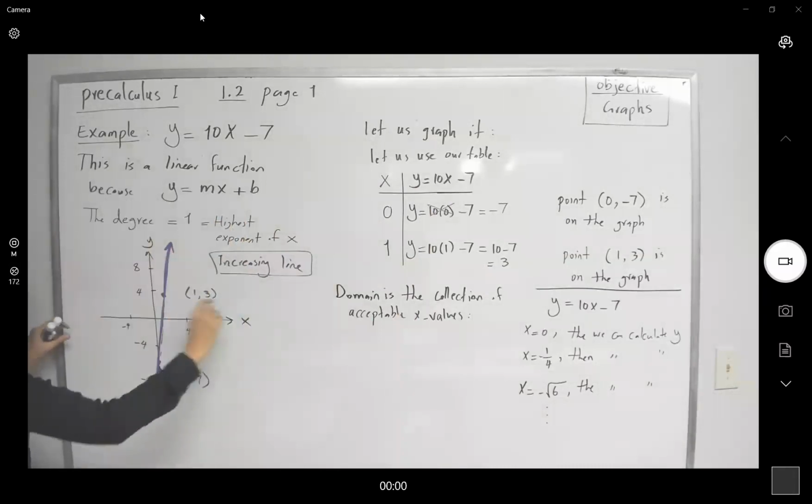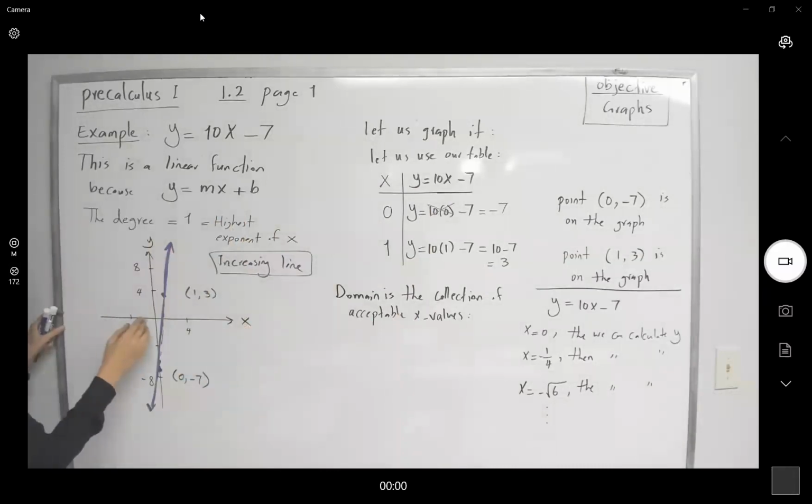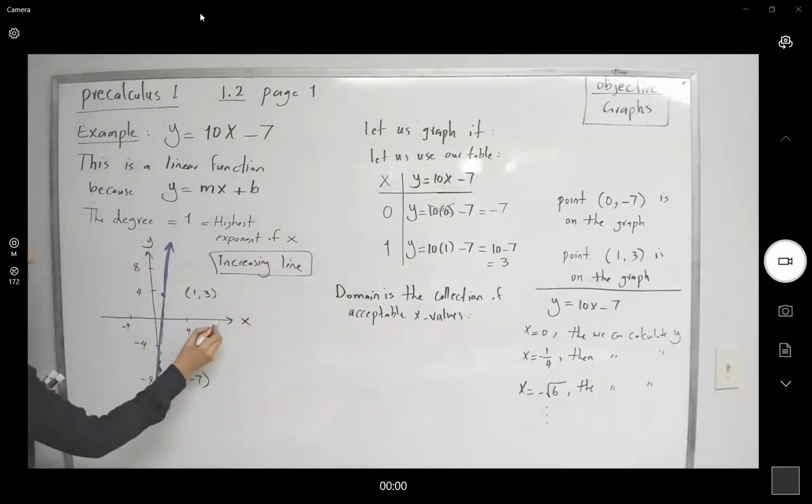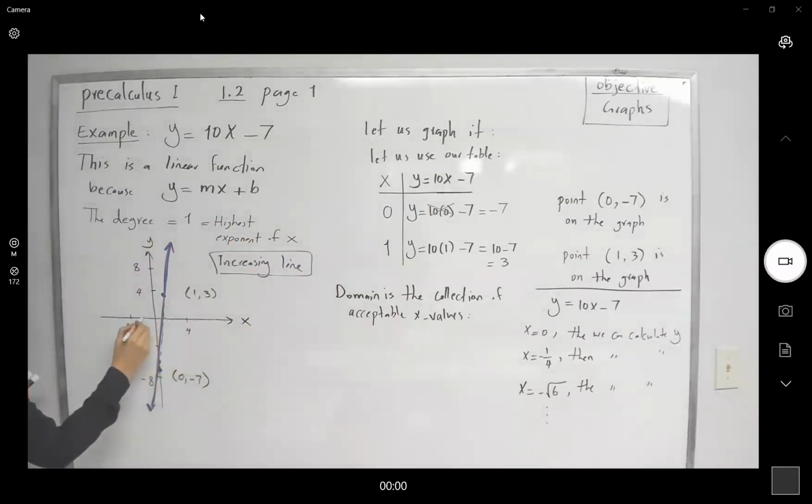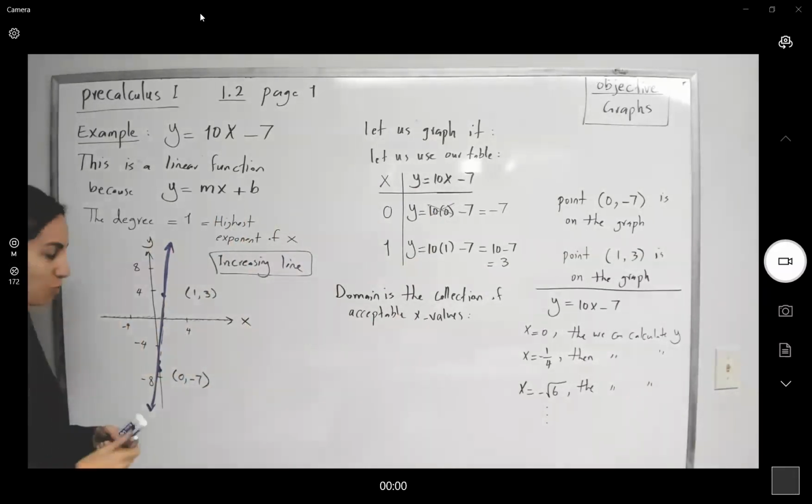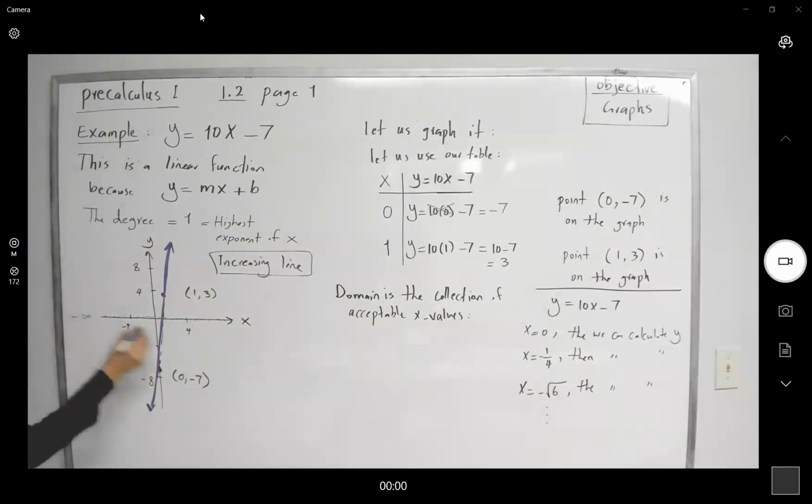On the horizontal line, x-axis, any number can be selected. So you are free to choose any number here. What's the meaning of that? It means that the domain is all real number set or -infinity to +infinity.